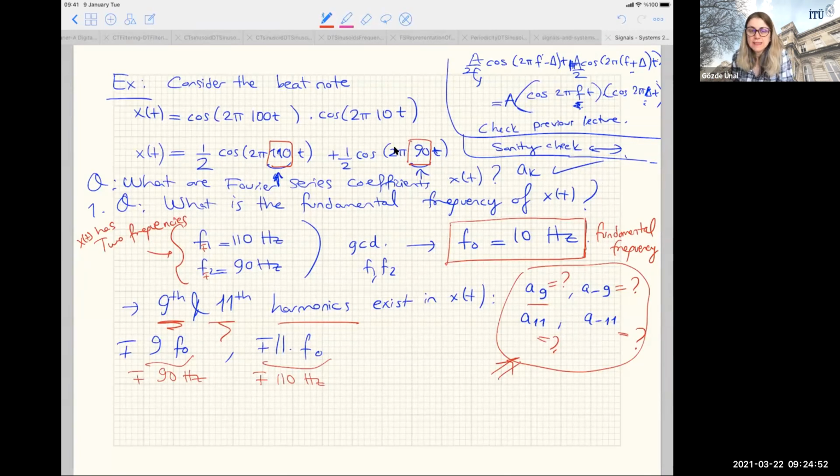What are A9 and A minus 9? Guys, remember the Euler formula? I'm asking everybody in the class, what is A9? What is A minus 9? What is A11? What is A minus 11? Guys, can you think of this? Then we will give a break. Actually, this is the example before the break.